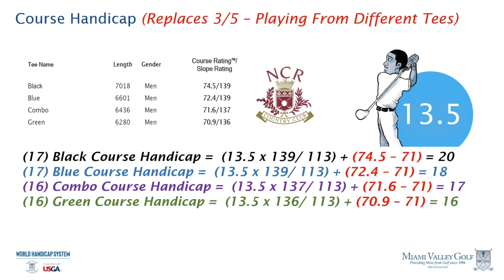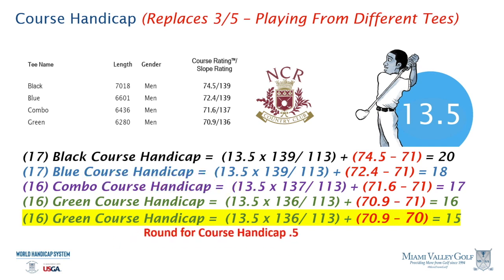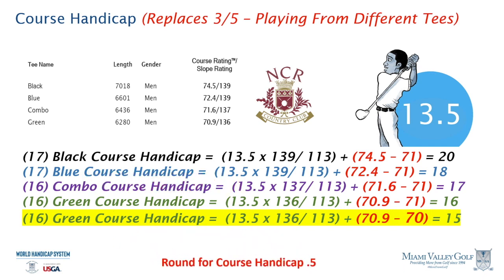Combo essentially is 1 shot greater for 2020, and it was 1 less in 2019 currently. And then the green, obviously you can see that calculation. So there's a wider dispersion of what your course handicap is going to be. And that essentially takes into account this new rule 3-5 in the old days.